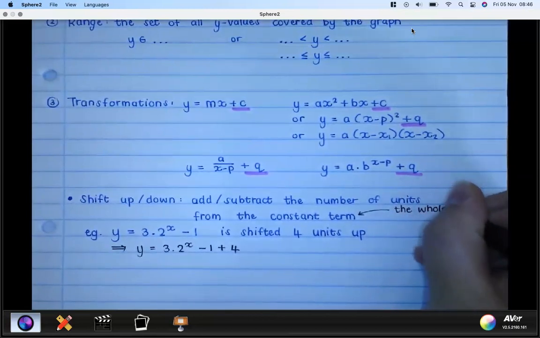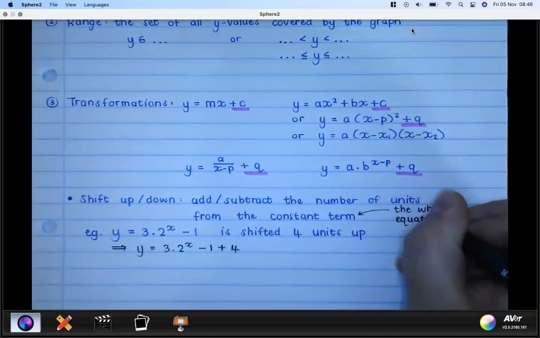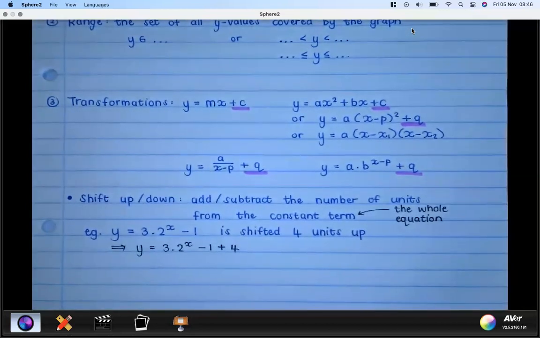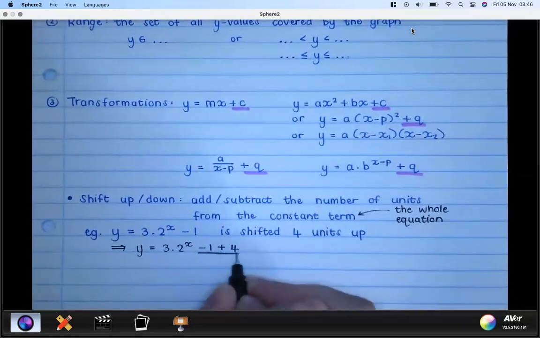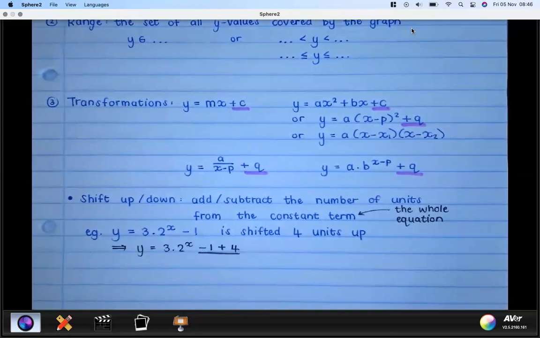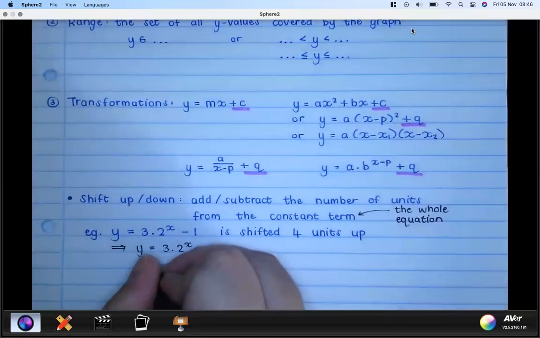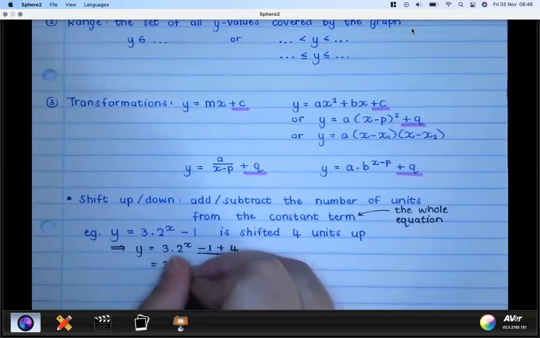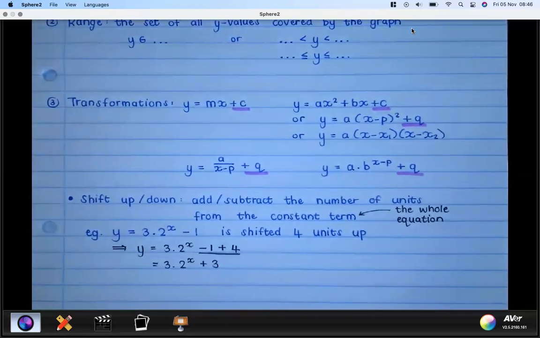In this case, we're adding 4 units to the whole equation. But like I said, because these are now like terms, we're actually adding it to the constant term. All right, the term that has an x in it is not actually going to change. We can't add the 4 to that term because these are not like terms. Okay, so the equation actually is 3 times 2 to the power of x plus 3.